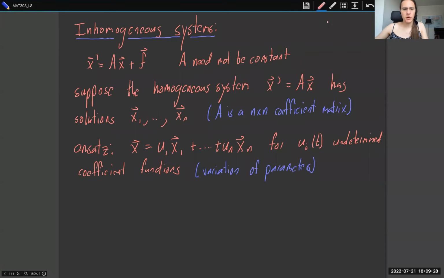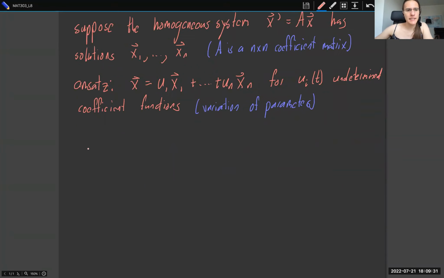So what we're going to do is we're going to actually rewrite this. Suppose that x_k, as a vector valued function, is equal to the column with the first component of x_k down through the nth component of x_k. Okay.